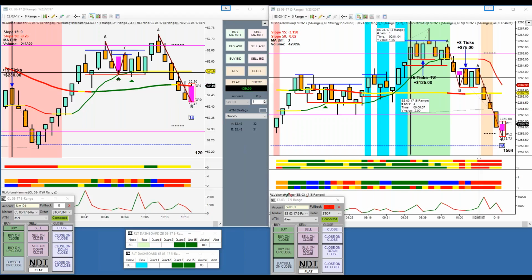So we get a B candle pullback to resistance. We'll see what happens on the short trade, but we don't have that 15 below the 50. So likely we're just going to stand down on it.